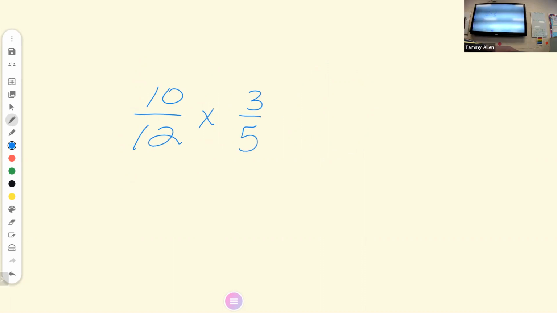Is there a common factor of a numerator and a denominator? Jonathan? 3 and 12. 3 and 12 have a common factor of what? Look again. 3. Divide by 3. 12 divided by 3 is what? 3 divided by 3 is what?